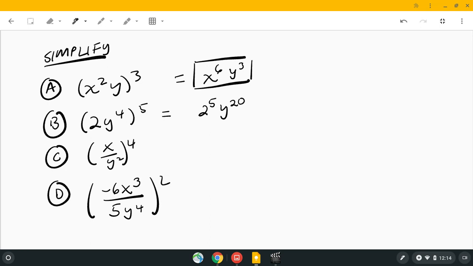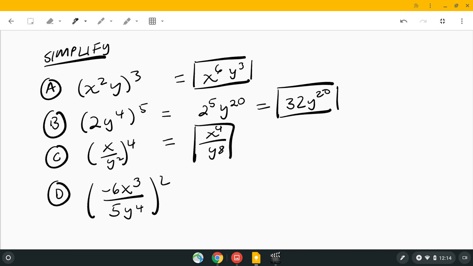2 to the 5th power is actually 32. Here we get x to the 4th power, and down below 2 times 4, so that's y to the 8th power. And then over here, everything gets raised to the second power. So let's start with the negative 6.